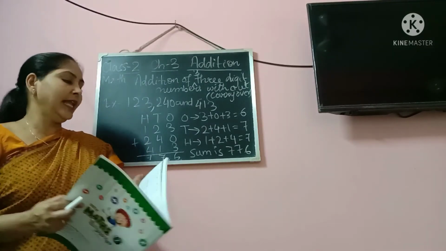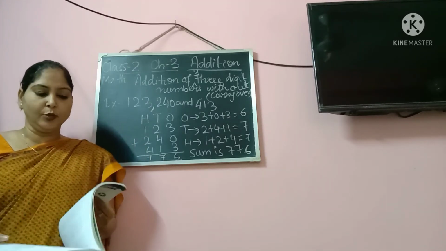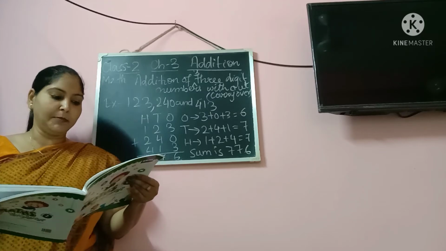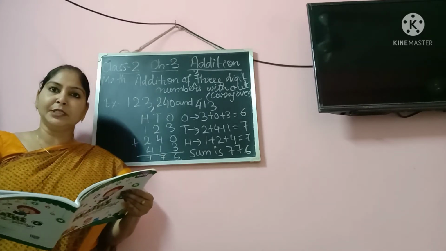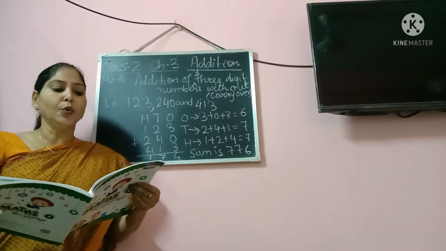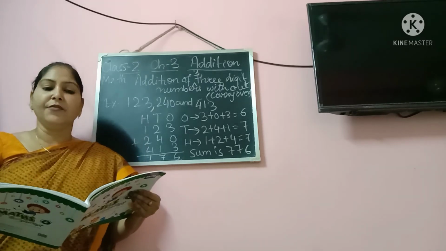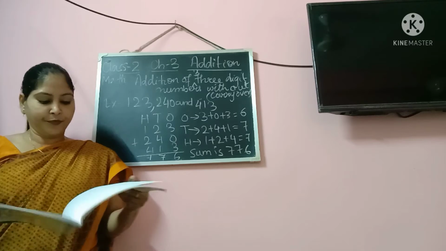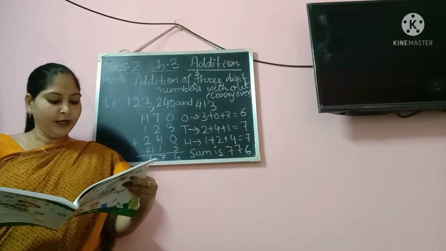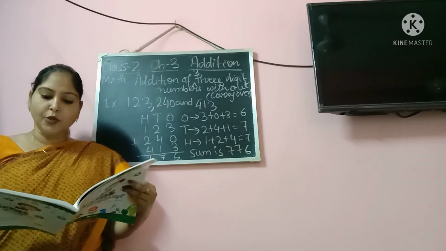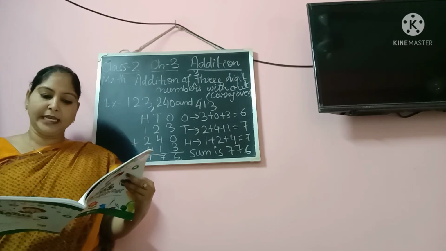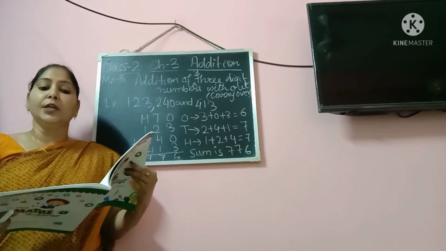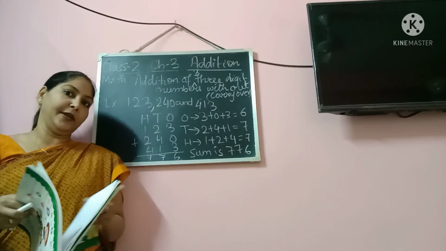Okay. So like this question, you will get to see on page number 48. On page number 48, you have sums related to 2 3-digit numbers without carrying over, and on page number 50 also you have 2 3-digit numbers without carrying over. On page number 51 you have 3-digit numbers without carrying over.